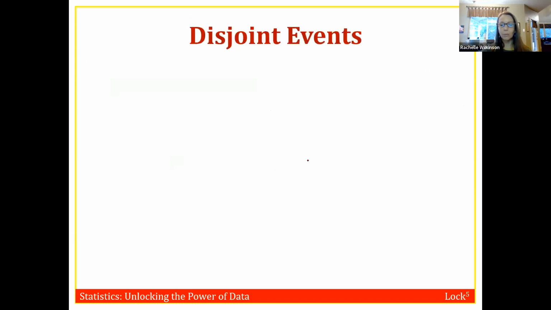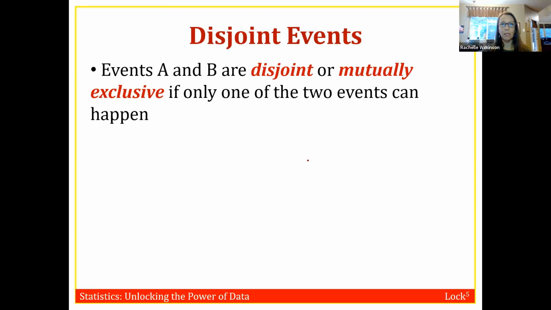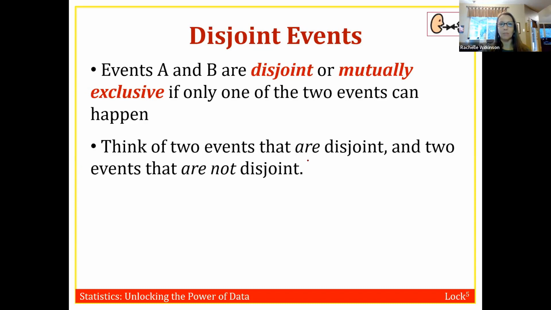So let's think a little bit more about what disjoint events mean. We said they're disjoint, or mutually exclusive, if only one of the 2 events can happen at the same time. So for example, if I'm rolling a die, then rolling a 1 and rolling a 6 would be disjoint, right?